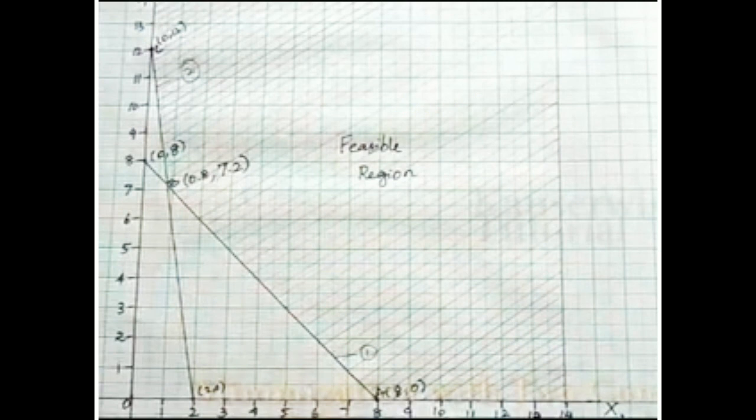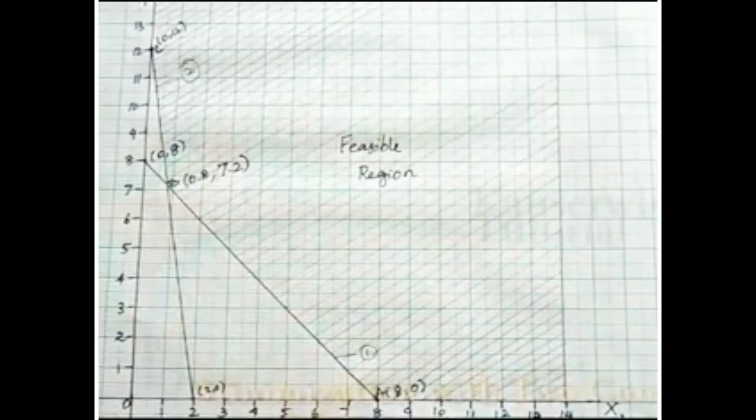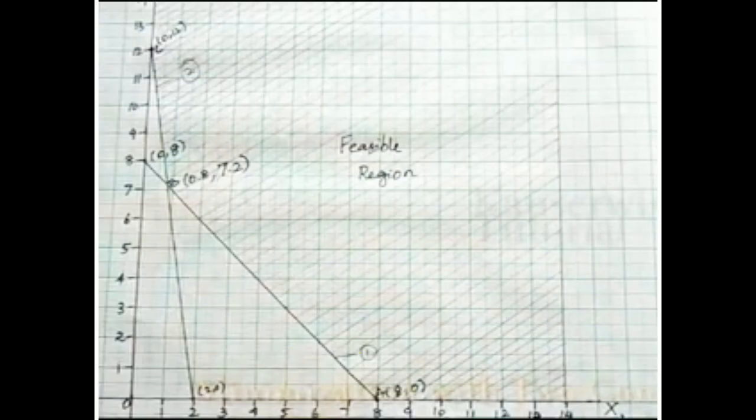The next step is to put all these three corner points in the objective function and find its value. The three corner points are: A is 8, 0; B is 0.8, 7.2; and C is 0, 12.